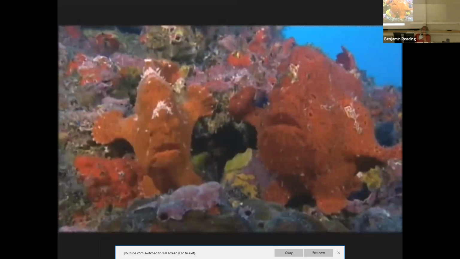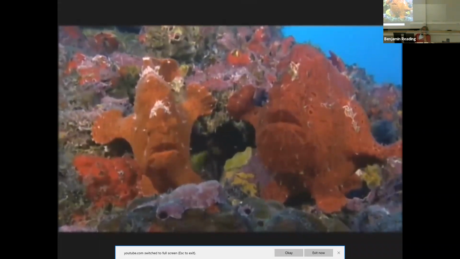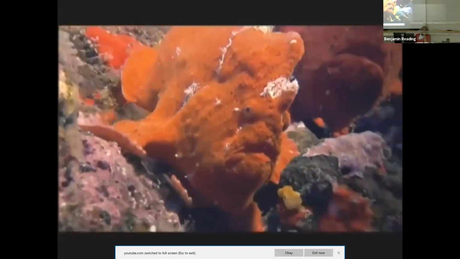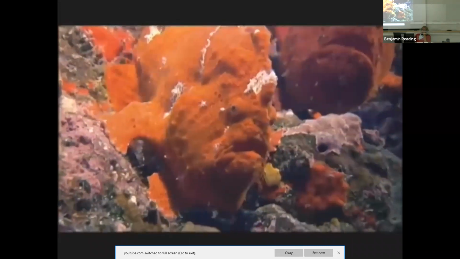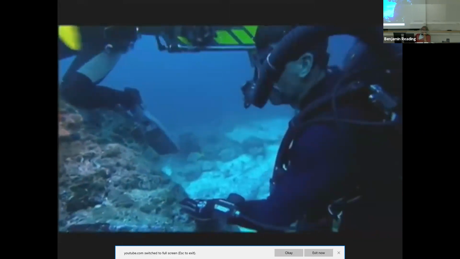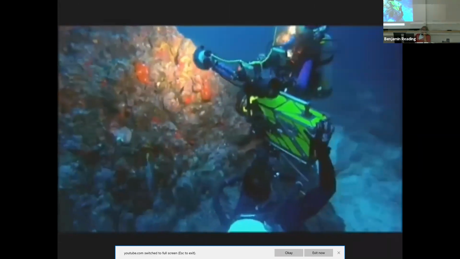This is the weird-looking fish I was hoping to find. It's a frogfish pretending to be a harmless orange sponge. Like the batfish, it uses its fins more like feet. To move in for close-ups, I bring a heavy tripod to keep the camera steady.